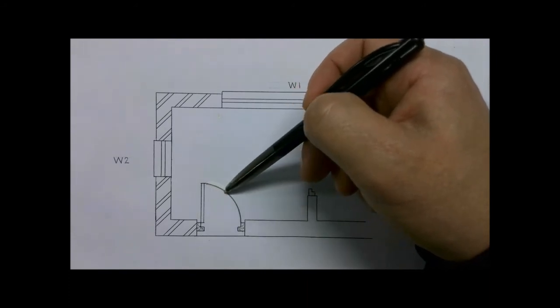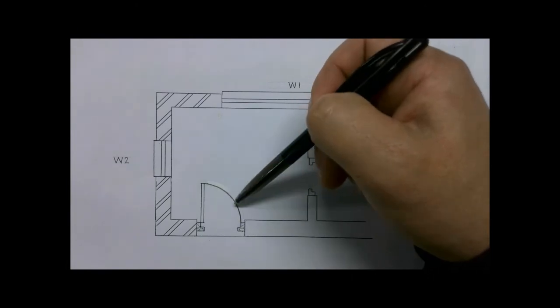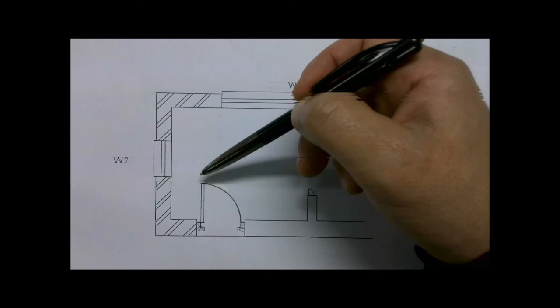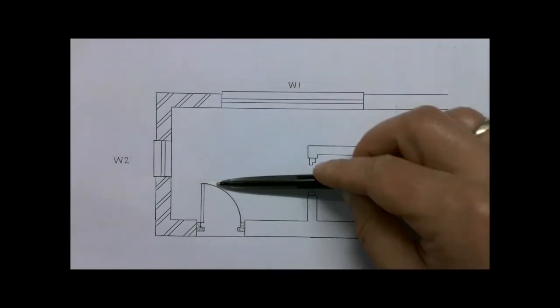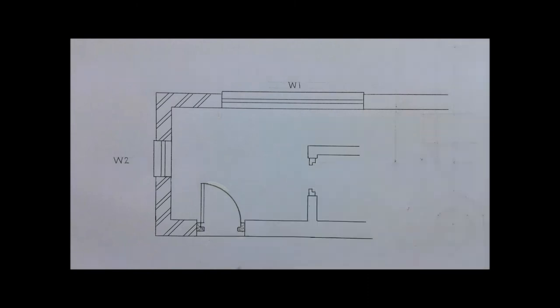The path it will take will be a nice rounded path. So use your compass and give a nice rounded path. And that path will also indicate the length of the door, which will then also equal the length from the hinge to the rebate on the other end of the door frame.